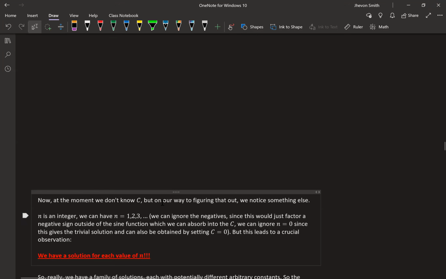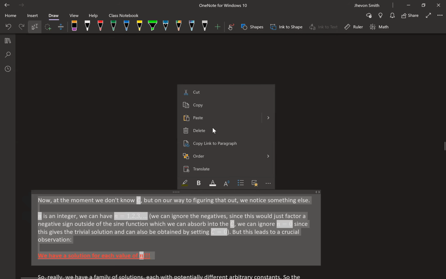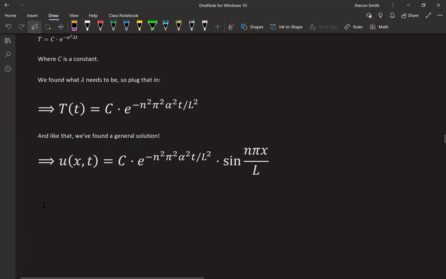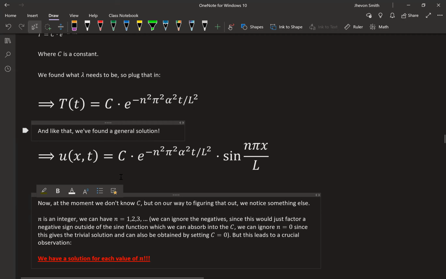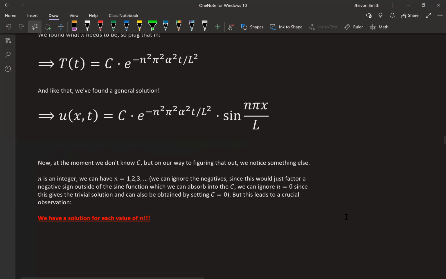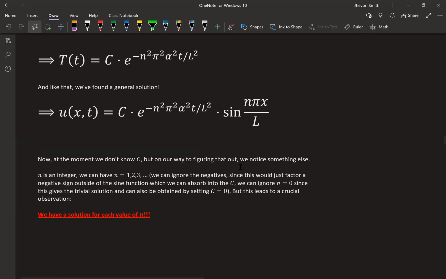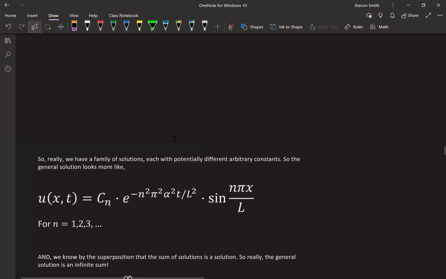That leads us to the following. Right? We have a solution, as you can see me highlighting here, we have a solution for each value of n, which means I don't have one solution here. I actually have tons of solutions. In fact, there are infinitely many solutions to this PDE.